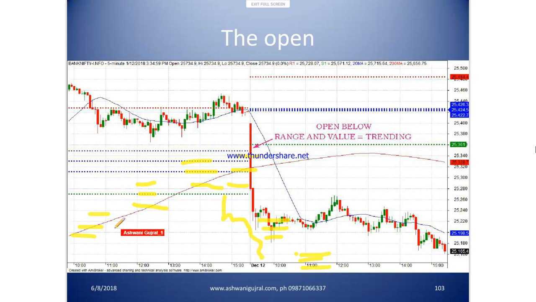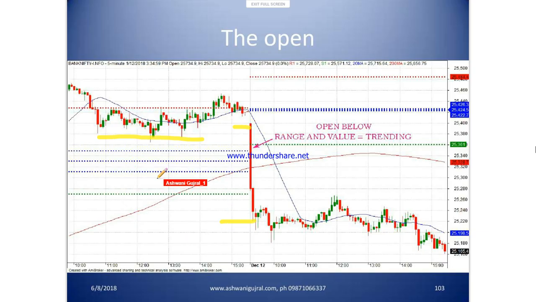Why? Because all these guys who are long here, the moment it gaps down sharply, all of them become losers and they cut positions and market goes on. How does this sort of large movement get created? This movement gets created because the long positions here, their stops are hit.